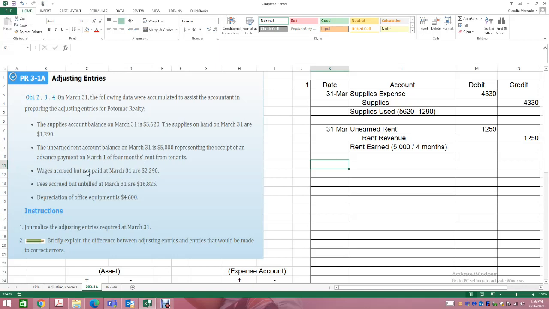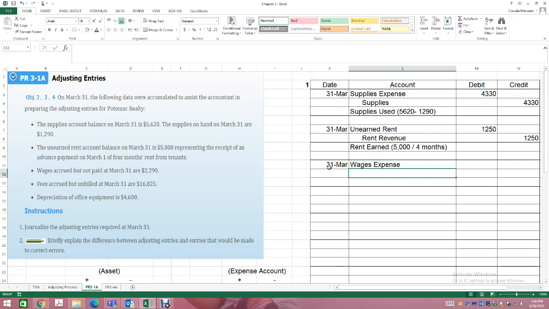So if the employees worked in the month of March, we have to record those wages as of the month of March. Whenever that happens, we're going to debit an expense account. We always debit an expense account because we need to record in our books how much we spent in wages this month, regardless of whether you've paid or not.